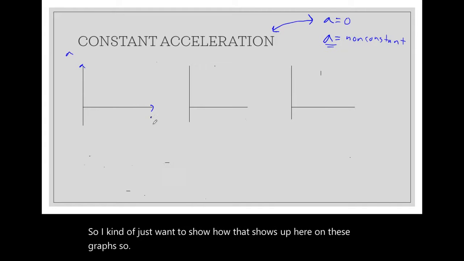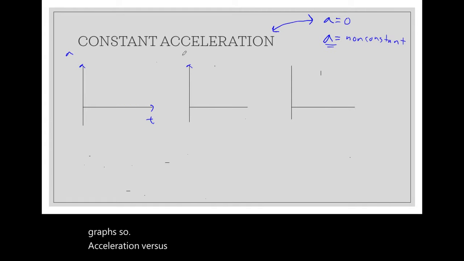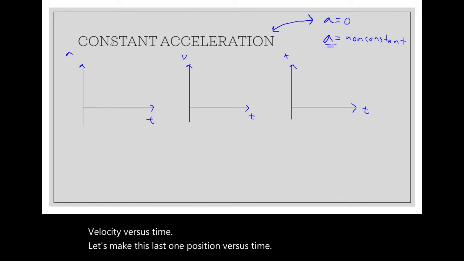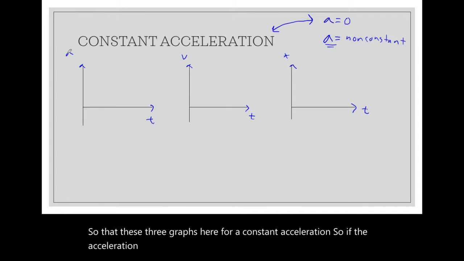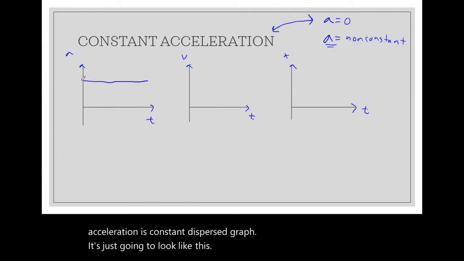So acceleration versus time, velocity versus time. Let's just make this last one position versus time. So we have these three graphs here for a constant acceleration. If the acceleration is constant, this first graph is just going to look like this, right?